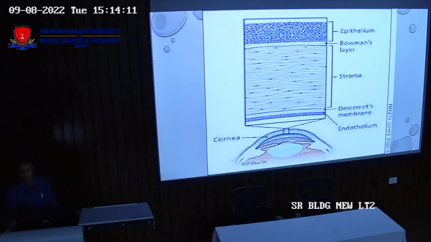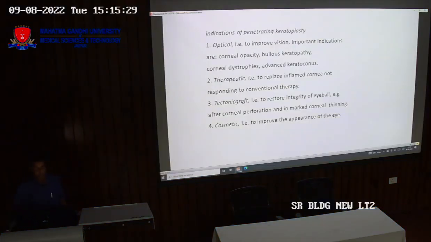So we have to keep in mind during surgery that we should not damage this layer. These are the 5 layers of the cornea which make it transparent. There are factors responsible for the transparency of the cornea.